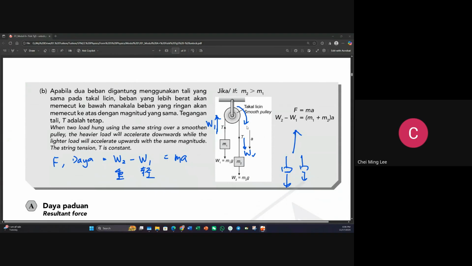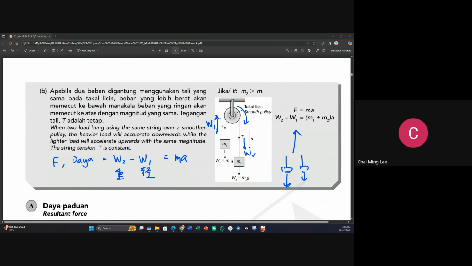Okay, so now when M2 is bigger than M1, F equals MA, so it's weight 2 minus weight 1 equals (M1 plus M2) A, because after some time, when this one is heavier and this one is lighter, this will move upward and this one will move downward, right?